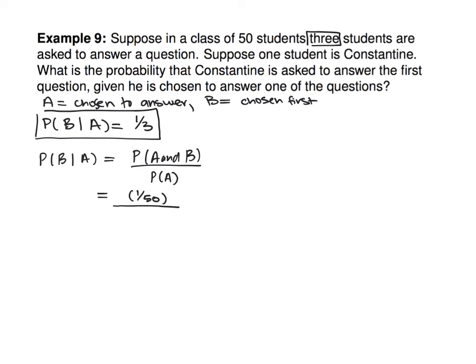And P of A, the probability he's chosen to answer a question, well, there are 3 students chosen out of 50 total. Multiplying my numerator and denominator by 50 here, I end up with 1/3 as well. But like I said, you can do that problem without this rule at all because it's pretty easy to reason through.